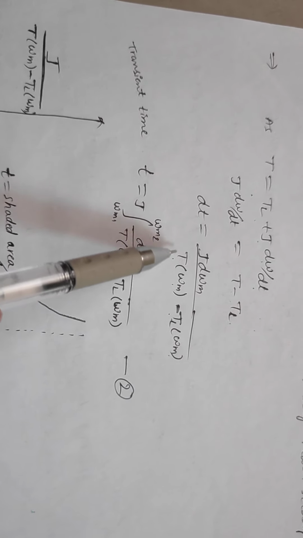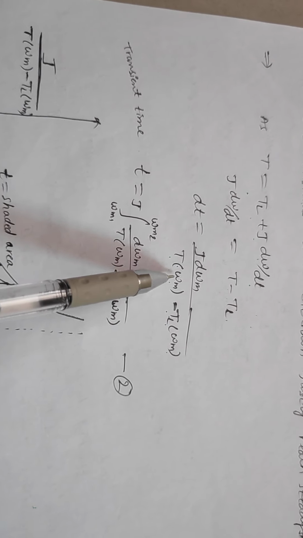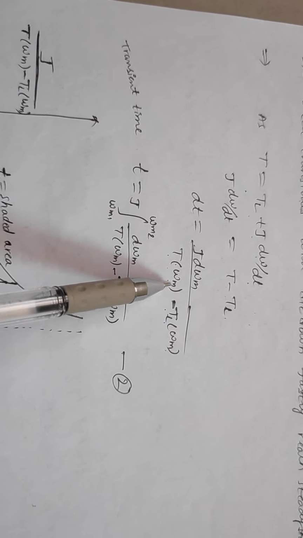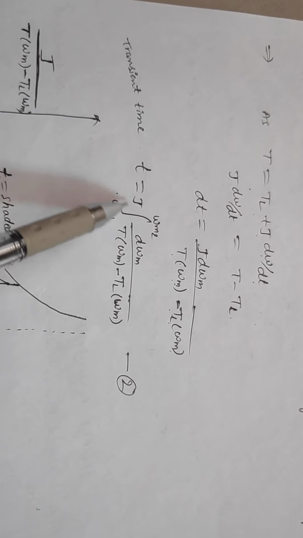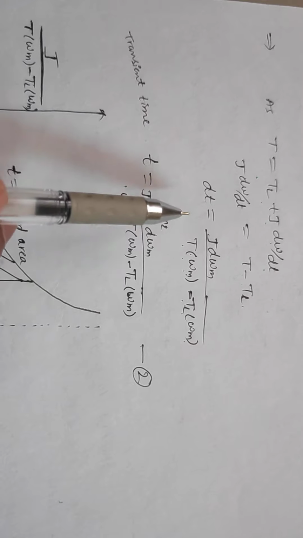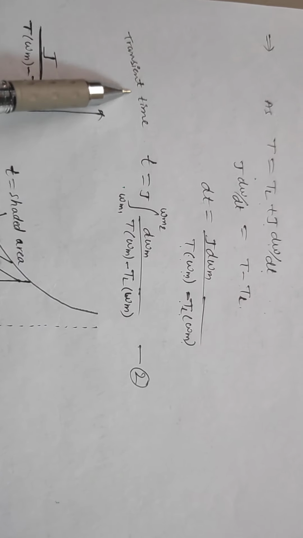Here the motor torque as well as the load torque are both functions of speed. That's what we have considered, and we are solving analytically. By integrating both sides of this equation, we get the transient time.